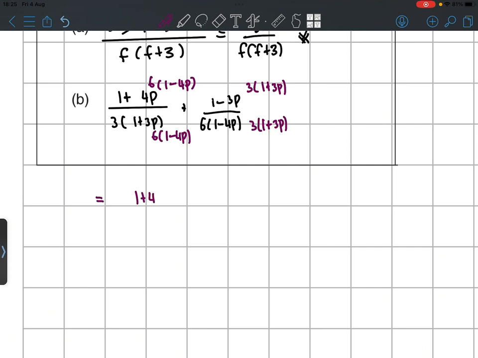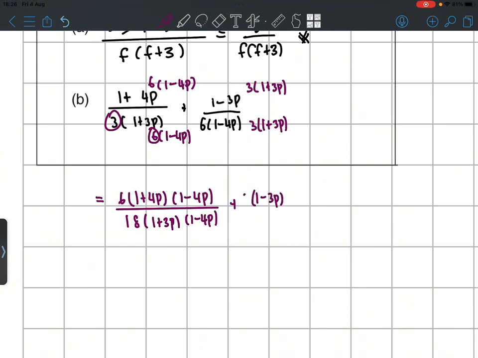So (1 plus 4p) multiply with the 6(1 minus 4p). So maybe I better put the 6 in front here, (1 minus 4p), and then 3 times 6, I just do the arithmetic. So 3 times 6 is 18. (1 plus 3p)(1 minus 4p) plus (1 minus 3p).